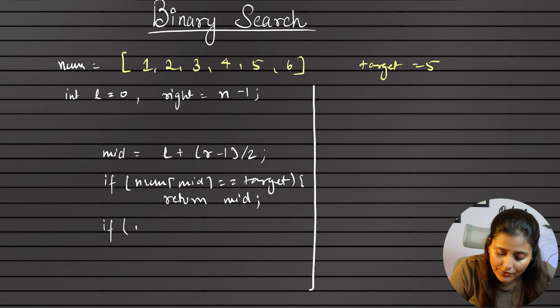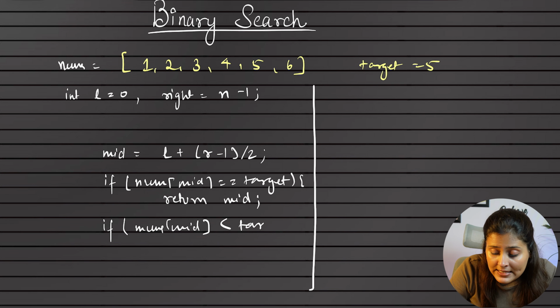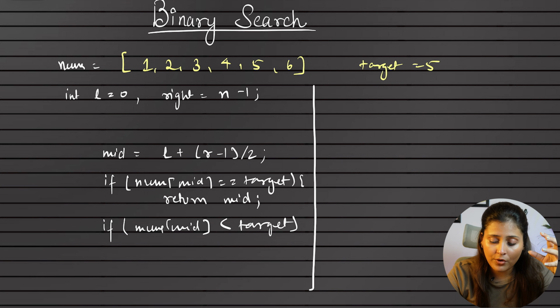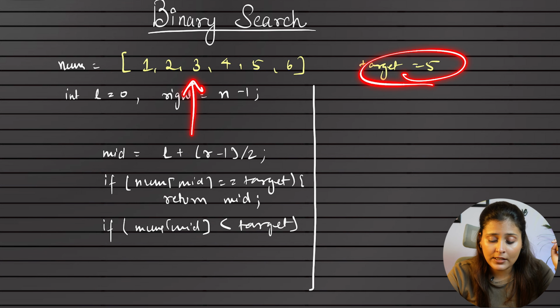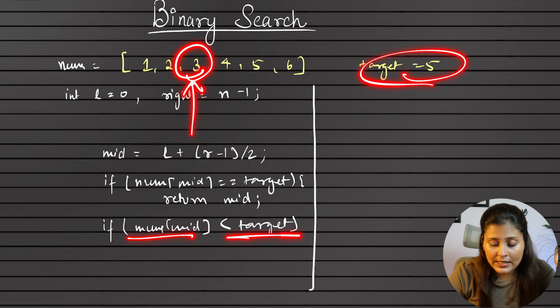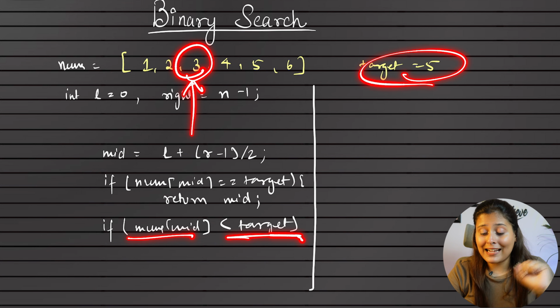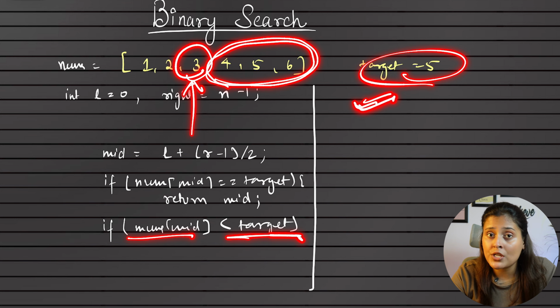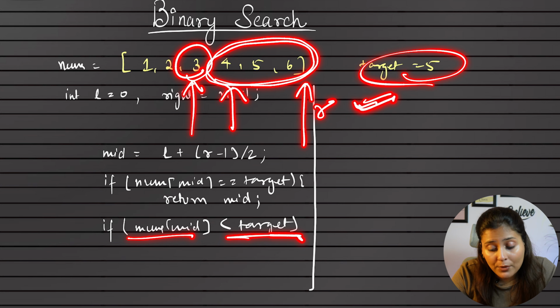Else if nums of mid is less than target, then what do you think? Suppose I have to find 5 and my mid is 3, so definitely mid is less than target. In that case our target lies on the right side, and now we have to search in the right half. So our right pointer will not move, but our left pointer will move. But at what position, mid or mid plus 1?